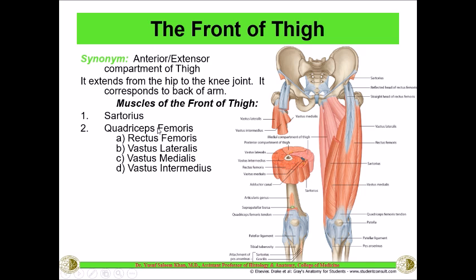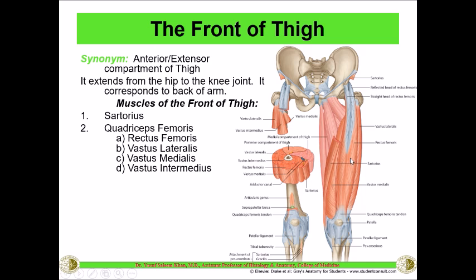This quadriceps femoris has 4 parts, or 4 muscles. The first one is called the rectus femoris. This is the muscle here which is present in the front of the thigh. Then we have the vastus lateralis. On the lateral side, this is the muscle called the vastus lateralis. Then we have the vastus medialis on the medial side, and in between the lateralis and medialis, behind this rectus femoris, there is the vastus intermedius.